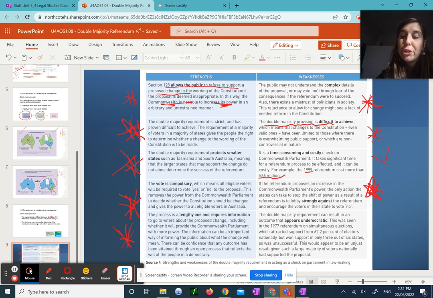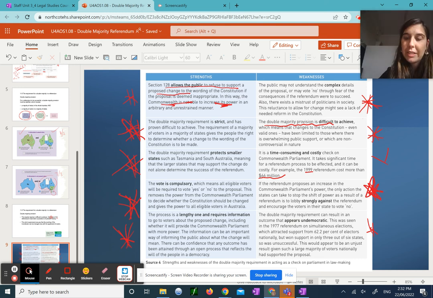And lastly, sometimes double majorities can be undemocratic, as often they occur at the same time as elections, and people may not know necessarily what they're voting for.